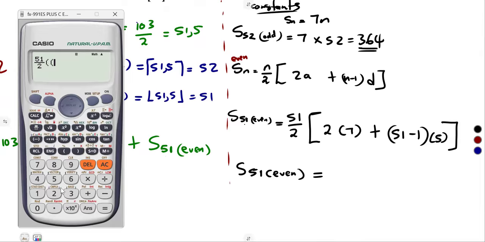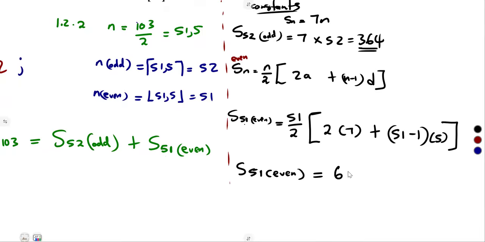Let us just have a bracket here. 2 times 7 plus n minus 1, that is 51 minus 1, which you can simplify directly, times 5. So that's it. This gives us 6,732.